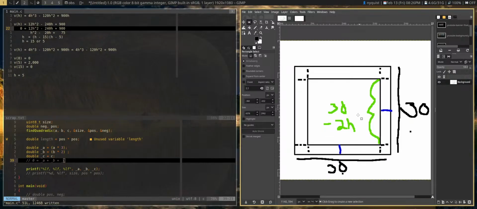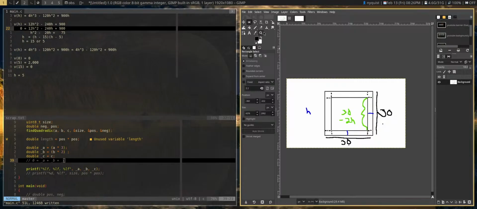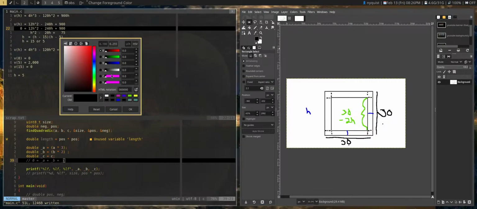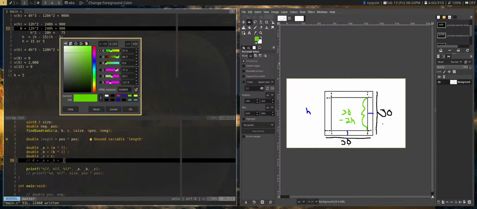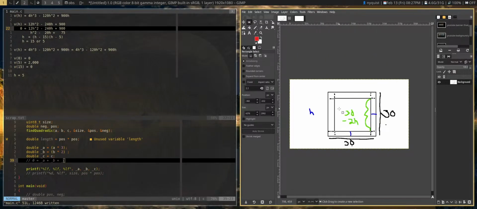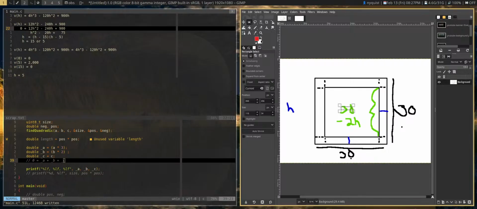But yeah, technically, give me more colors. I'm not on the pencil tool.